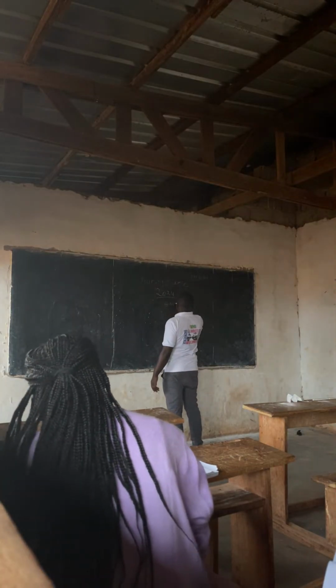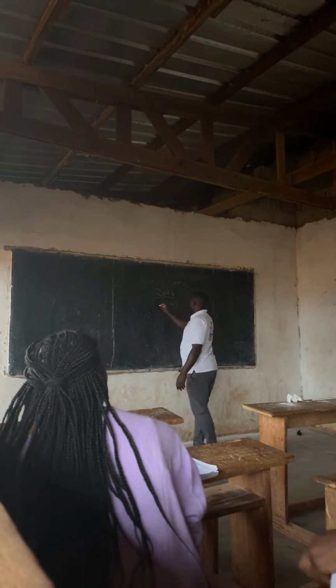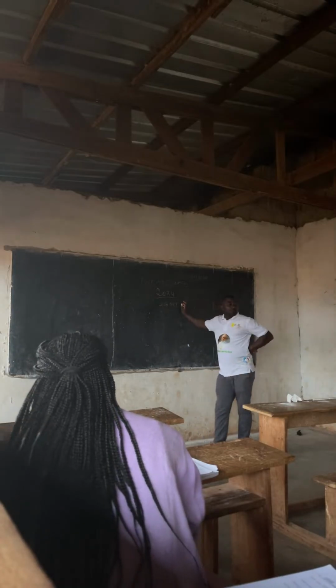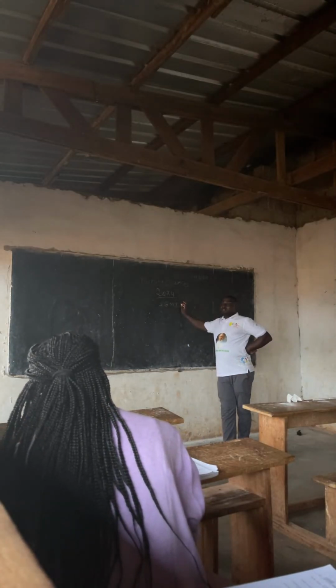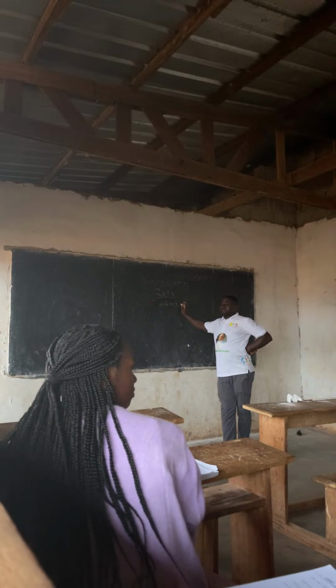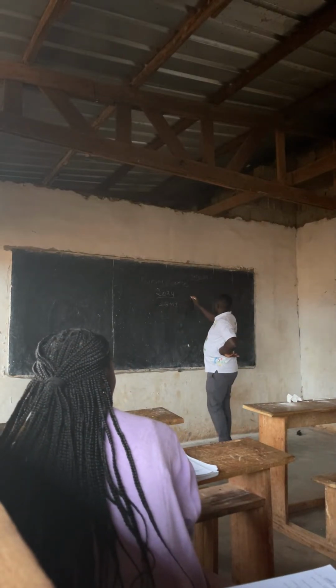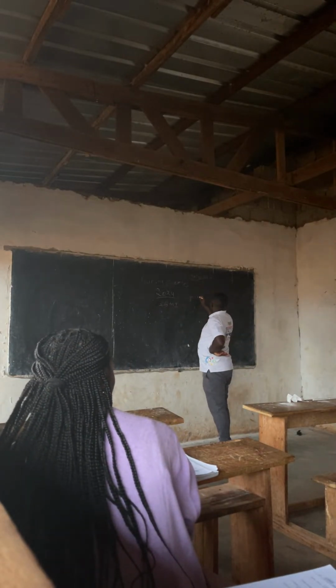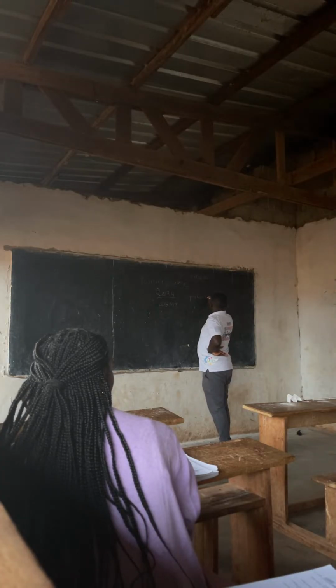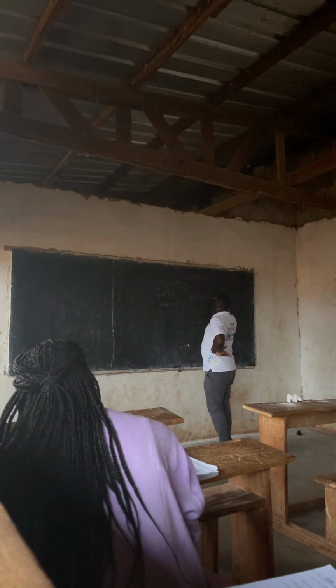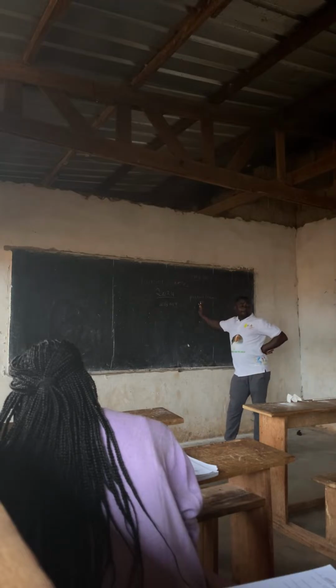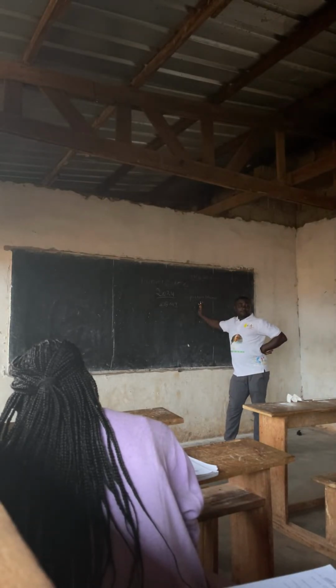Normal BMI, yes, body mass index. So they ask what? Which of the following is not a risk factor for preterm labor? Please, what is preterm labor? Labor before the viability gestational age.